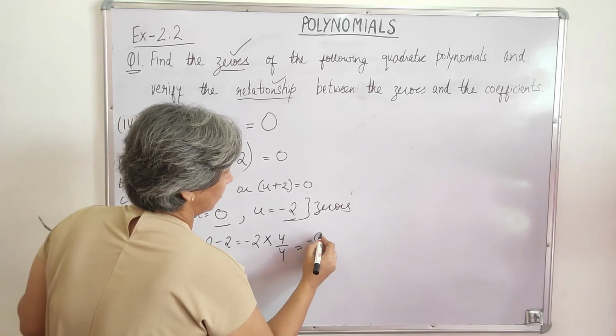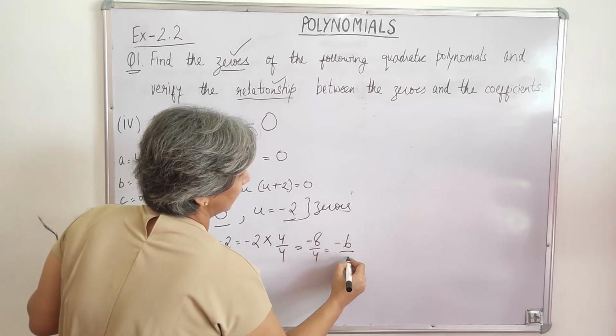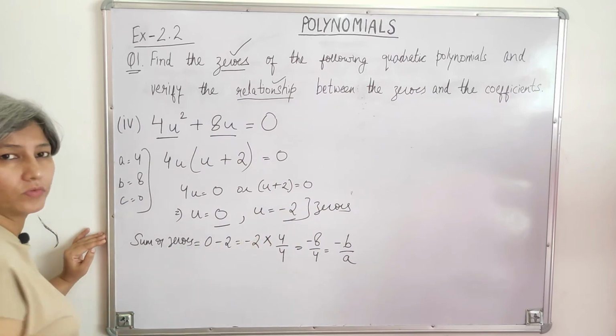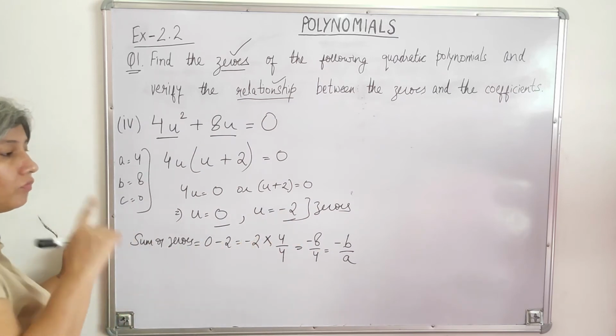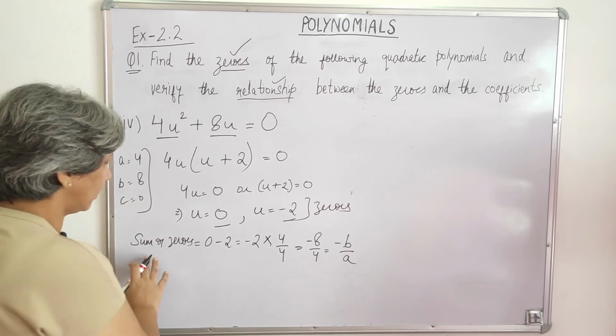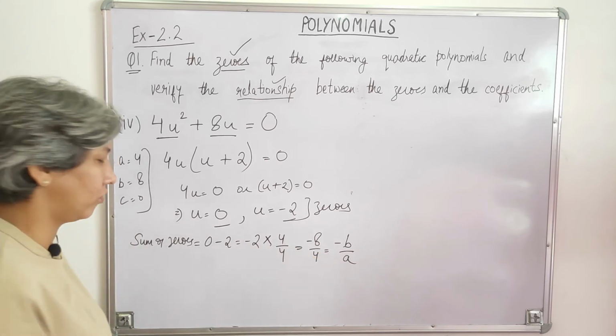So this will give me minus 8 by 4, which is my minus b by a. So my relationship is verified, right? I've not written the formula here because we've already done it for the first 3 questions. We know the sum of zeros is minus b by a by now.